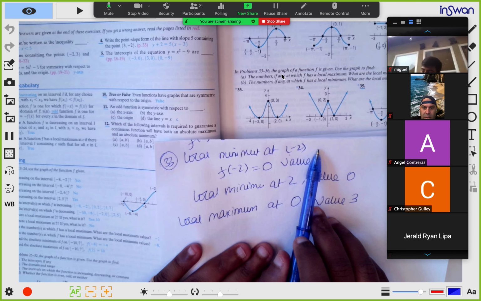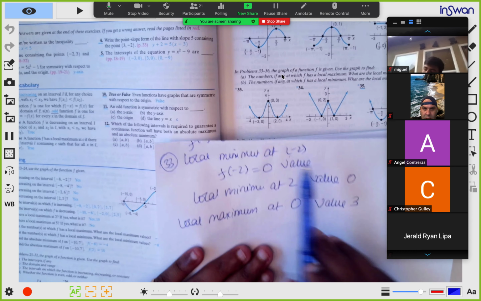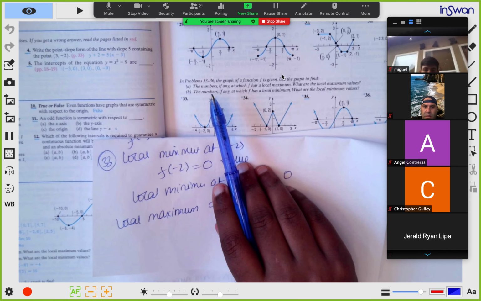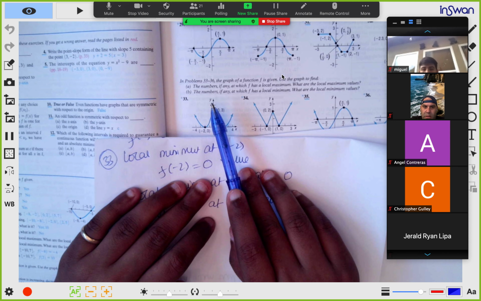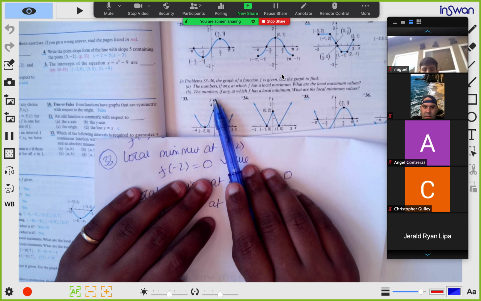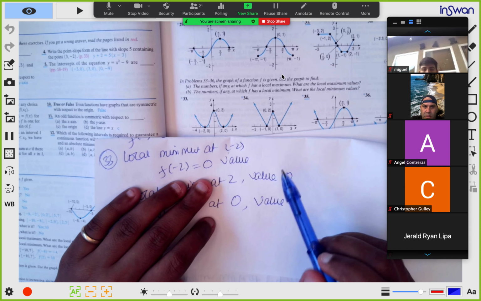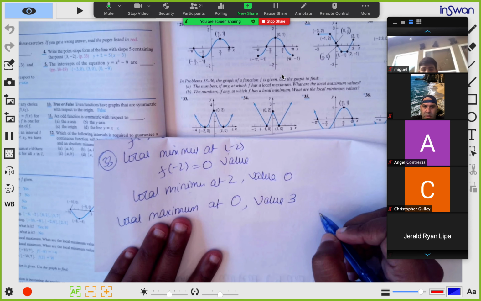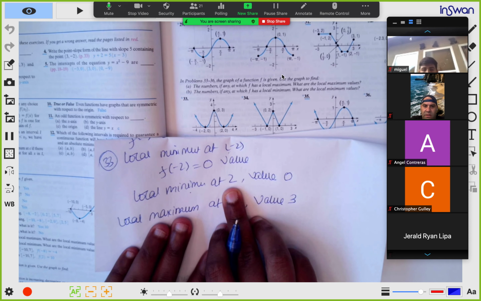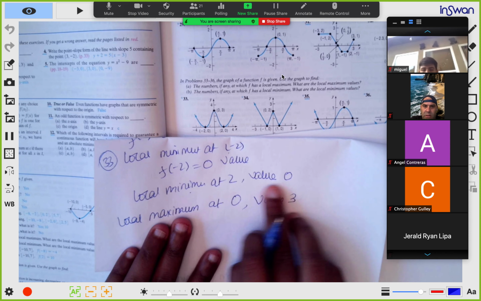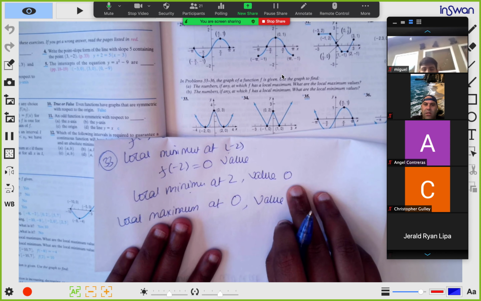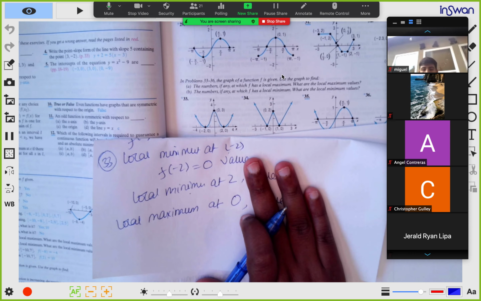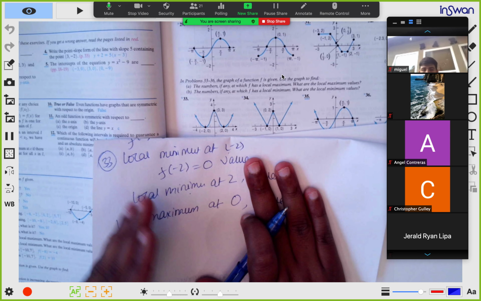Local minimum is not at (2, 0); local minimum is at just 2, and the value at that point is 0. If the question says find just the local minimum, you don't even have to write the value. You just say the local minimum is at 2, at 0, at negative 2. That's your answer.